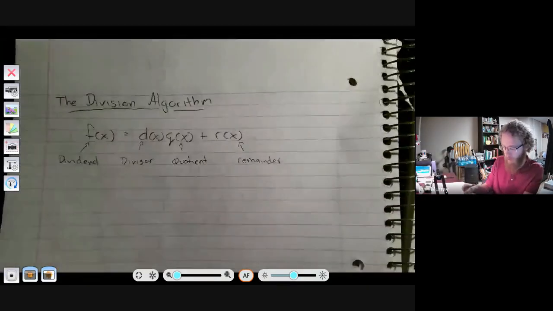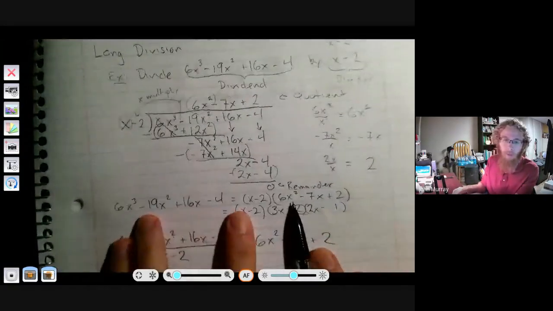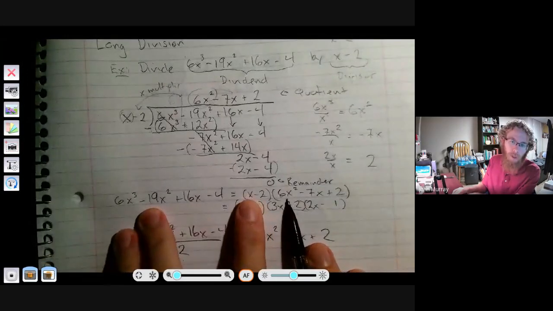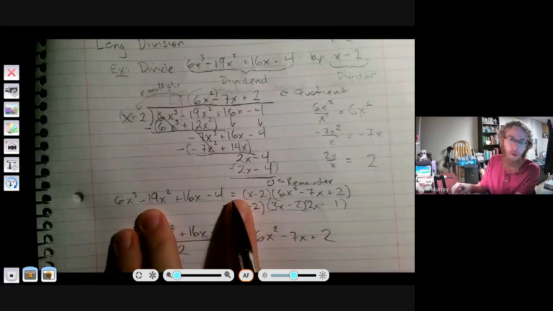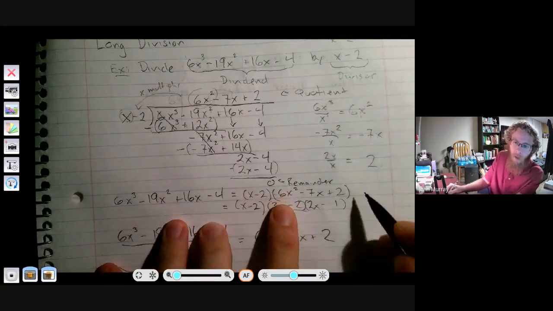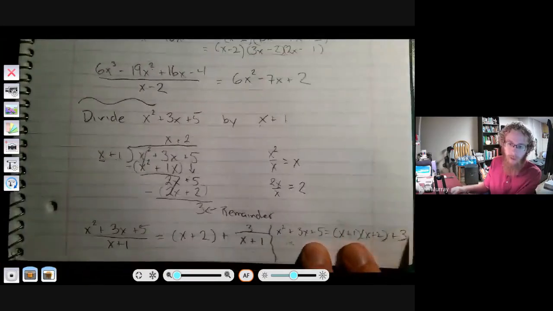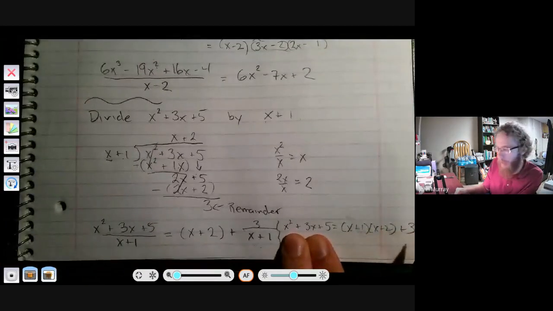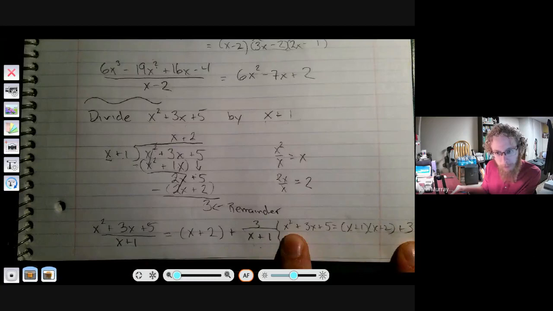With the first one, when I wrote it like this here, this was the division algorithm. This was my dividend equals my divisor times the quotient, and here we didn't have a remainder, so that was 0. Again, down here, this is the division algorithm. My dividend equals my quotient times my divisor plus the remainder.